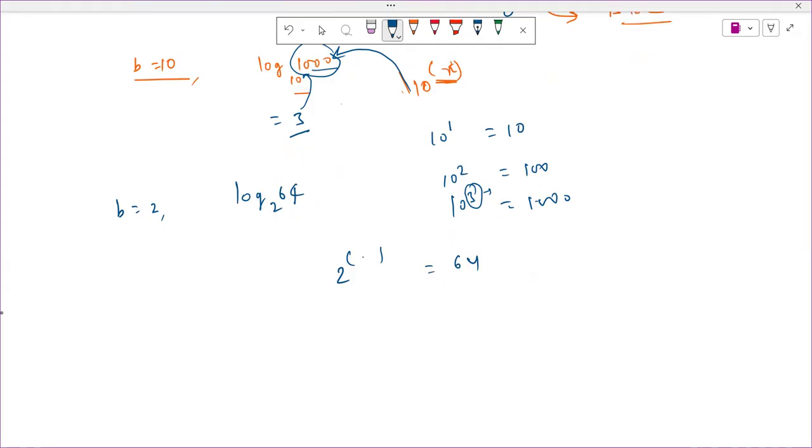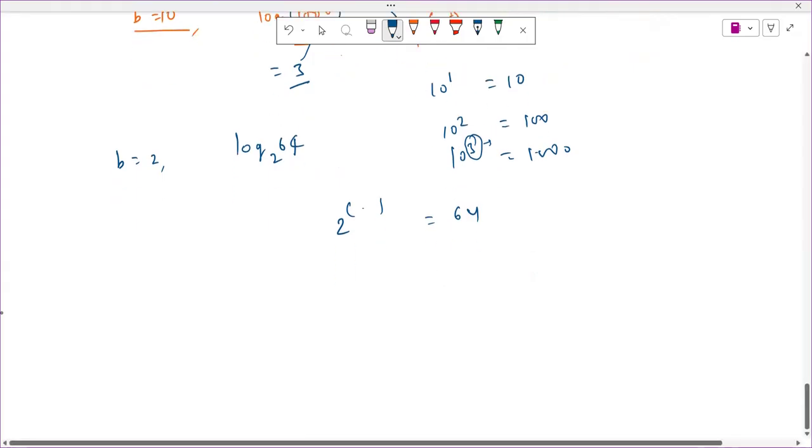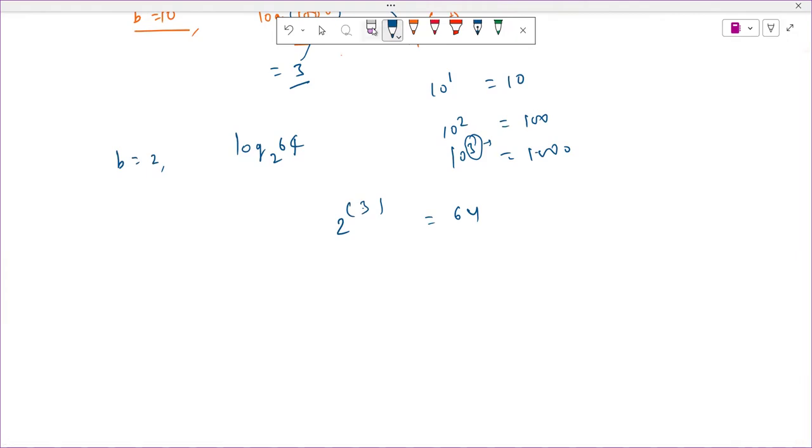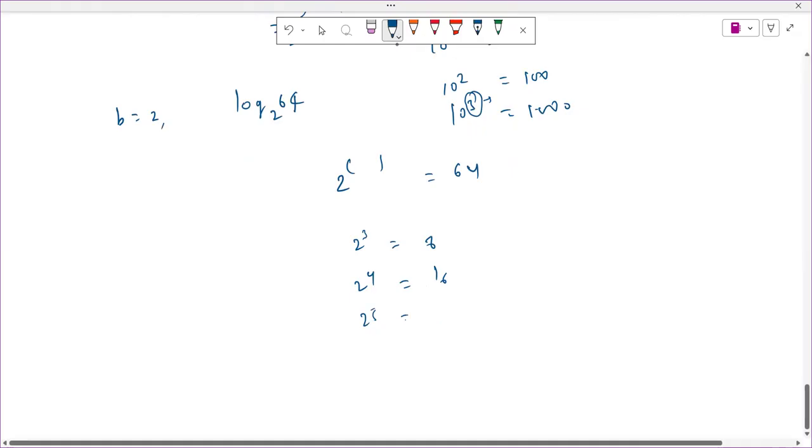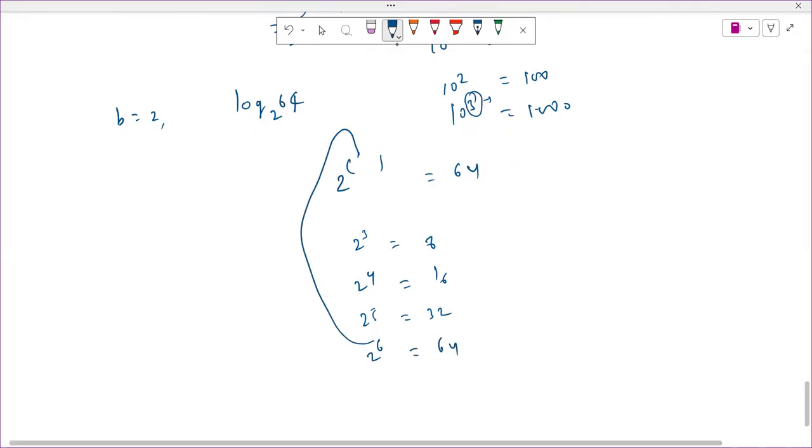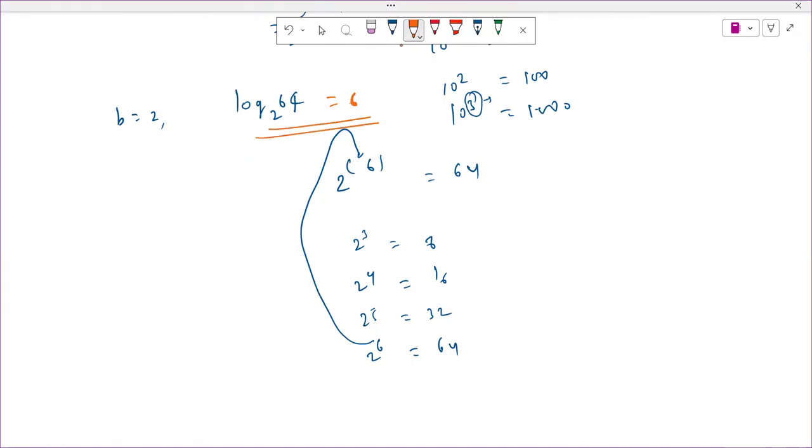Let's say 2 to the power 3, what is this? 8. 2 to the power 4 is 16, 2 to the power 5 is 32, 2 to the power 6 is 64. So this 6 will come here. The answer of this will be 6. I hope you understood logarithm.